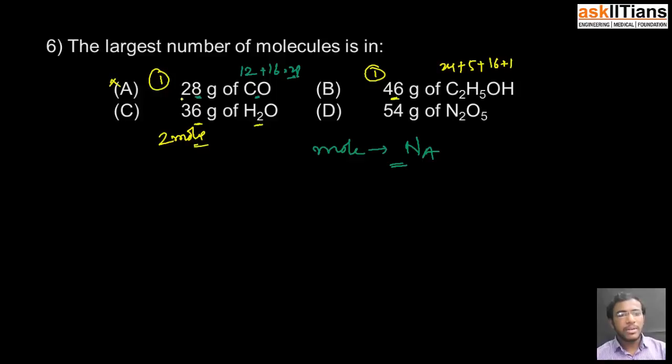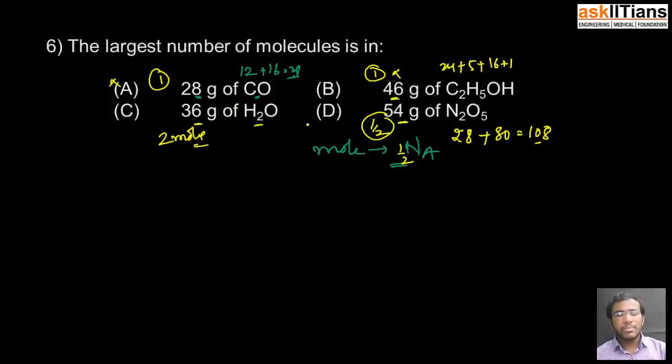So you can simply eliminate these two, because this is 2 moles, and let's come to D, that is 54 grams of N2O5. This is 28 and this is how much? Oxygen is 16, 16 fives are 80. So this is 108. So it is actually half mole. Half mole means only half of Avogadro number of molecules of N2O5 is going to be present. So which option is right?